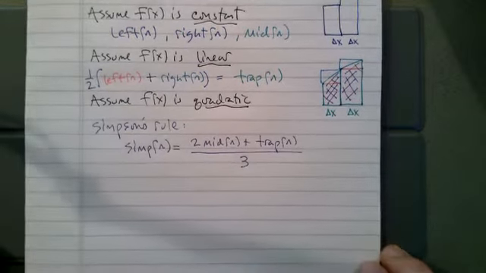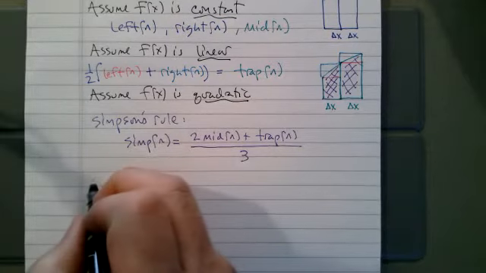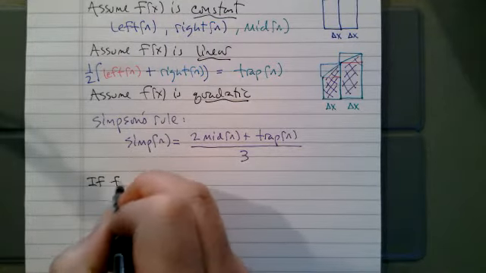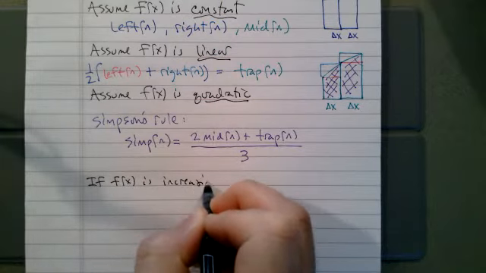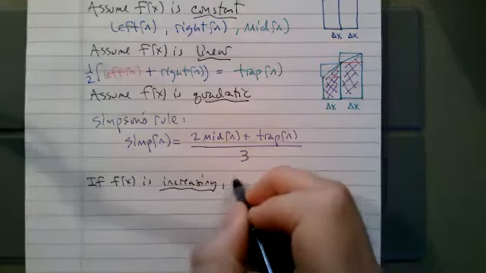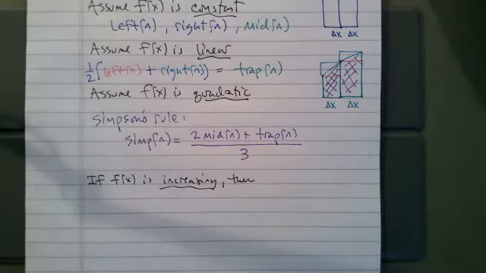What we notice is that when I say left and right go together, if a function is increasing, then the left endpoint will be an underestimate, and the right endpoint approximation will be an overestimate.